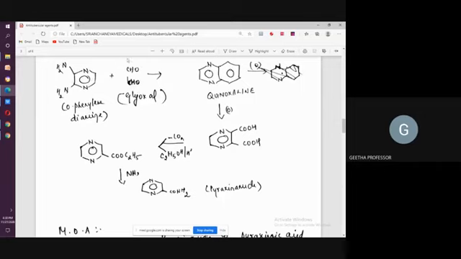CHO CHO is glyoxal. Glyoxal is formed from dihydric alcohol, which on oxidation gives glyoxal. Then the glyoxal reacts with orthophenylene diamine.